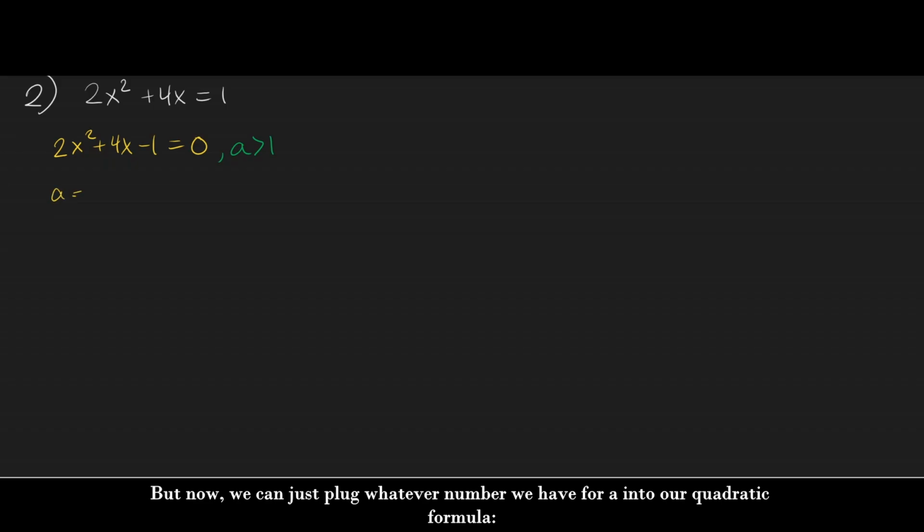With a equals 2, b equals 4, and c equals negative 1, we have x equals negative 4 plus or minus the square root of 4 squared minus 4 times 2 times negative 1, divided by 2 times 2.